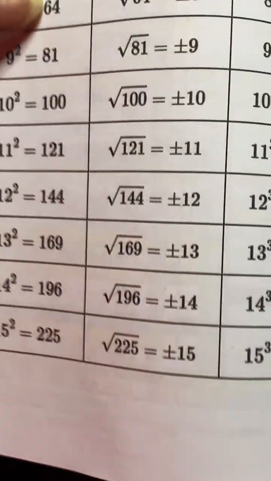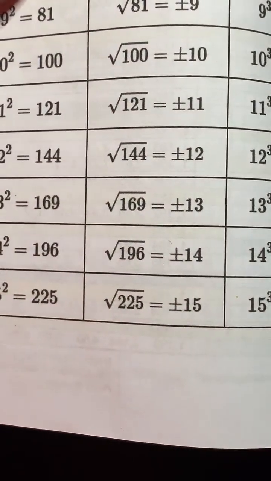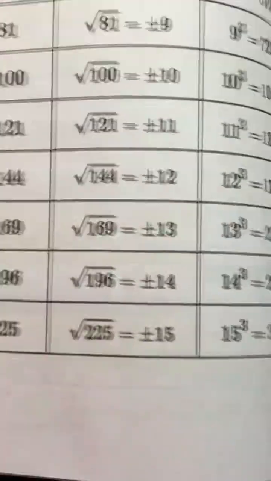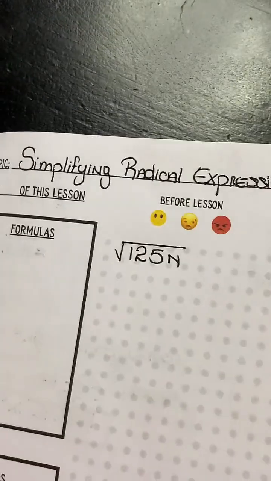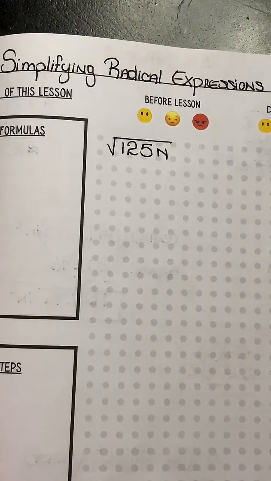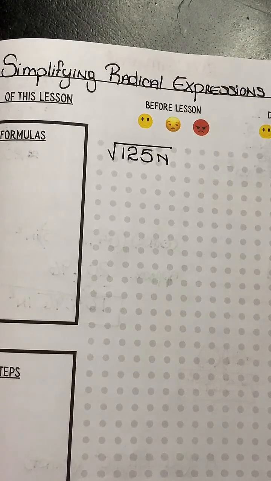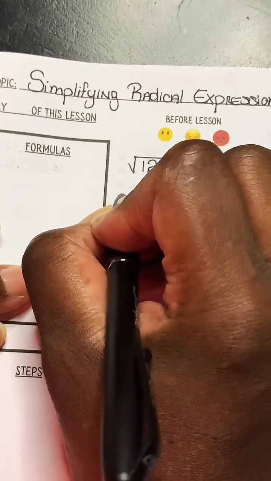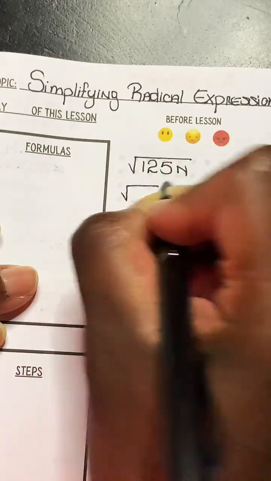As we can see, we have 121 and we have 144. When we're looking at the square root of 125, we need to take a look at a number that is closely related, which is a square. So we're looking for what's called the perfect prime combination.